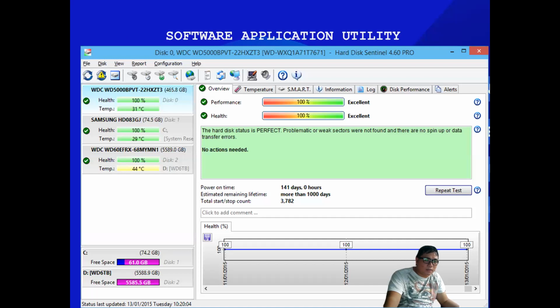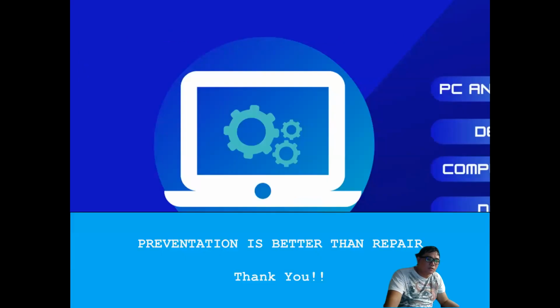Then yung tinatawag natin to check the hard disk is the Hard Disk Sentinel. Kung kamusta na yung hard disk mo. Okay, to check kung walang bad sectors, etc. So prevention is better than repair. So, in short, if you are in the field of information technology, it is very important for you to check your computers as always.